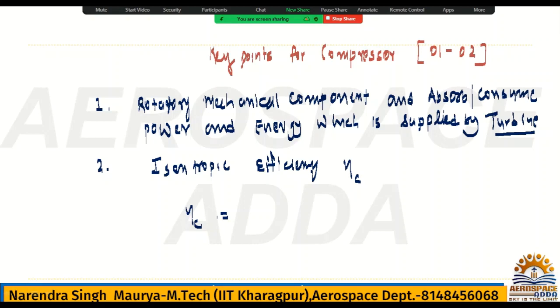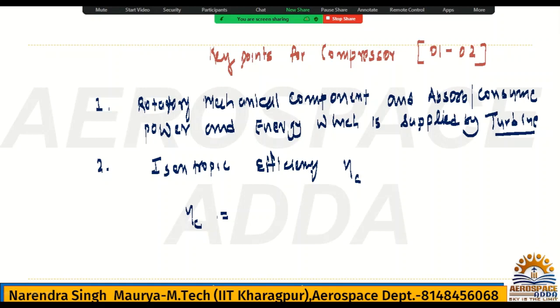Compressor is to rise the pressure and temperature, so it is just like a diffuser, but the difference is the diffuser is a stationary device and the compressor is a rotatory device. That is the only difference. Otherwise both do the same work, for the same purpose.